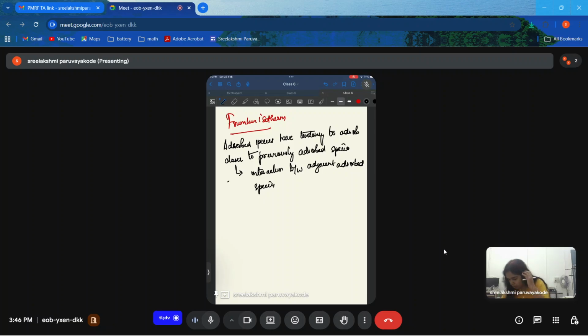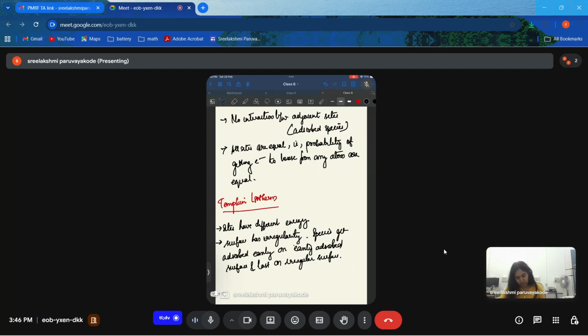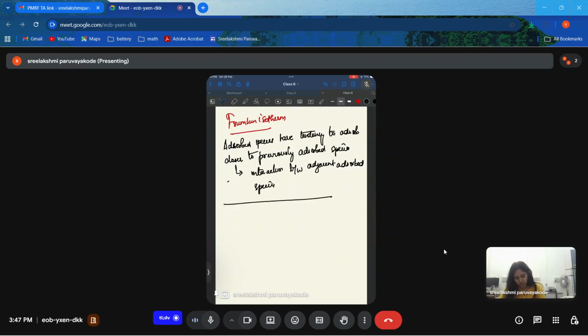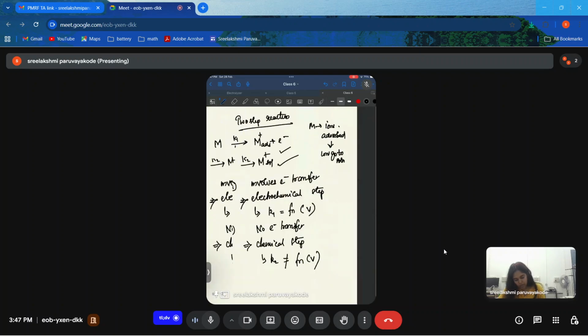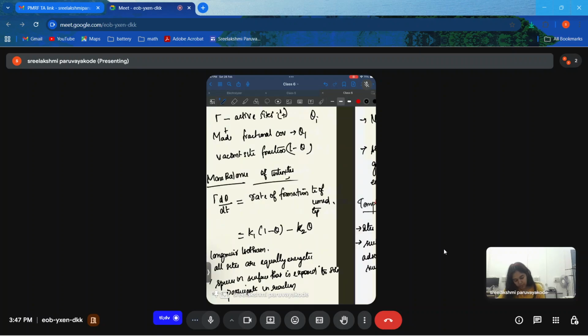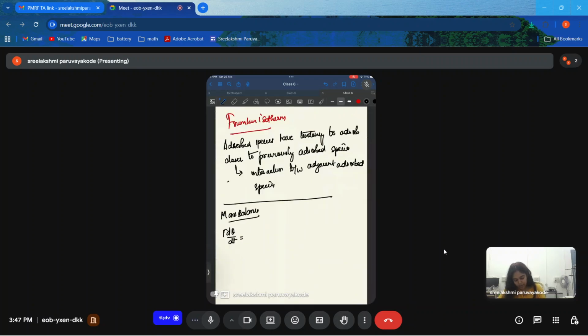Okay, let's go back to where we stopped. So here I'm going to write the mass balance equation once again for continuity. That becomes gamma d theta by dt equal to k1 (1 minus theta) minus k2 theta.